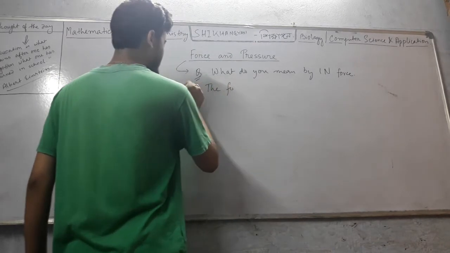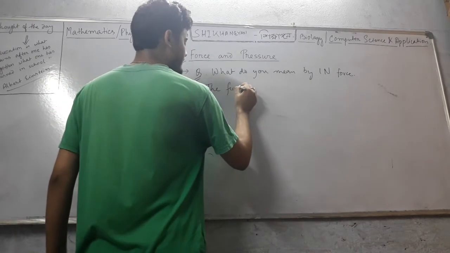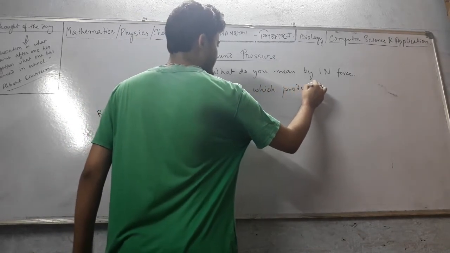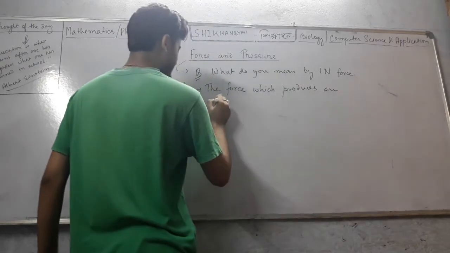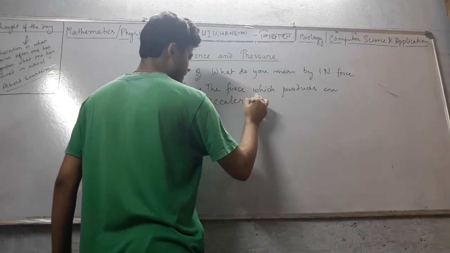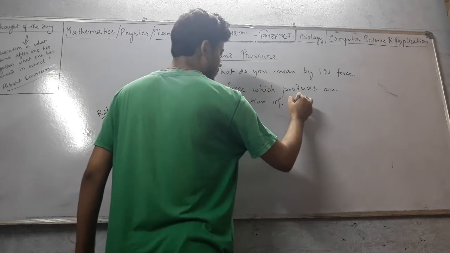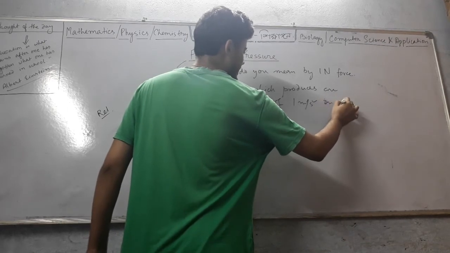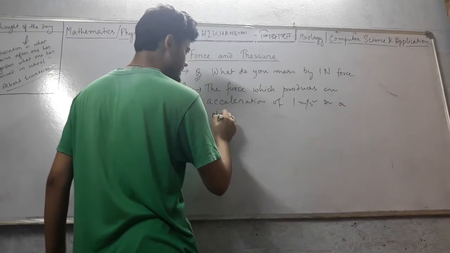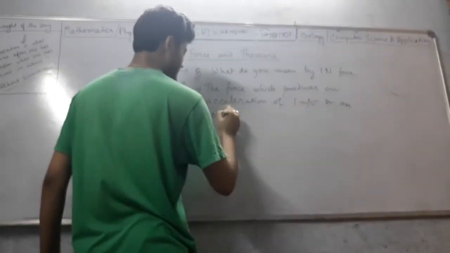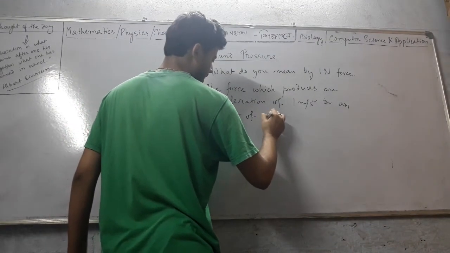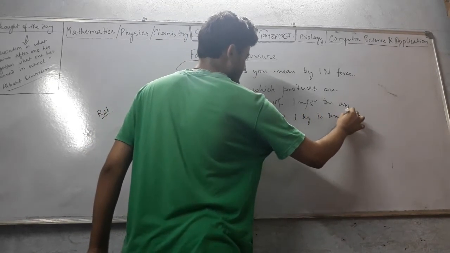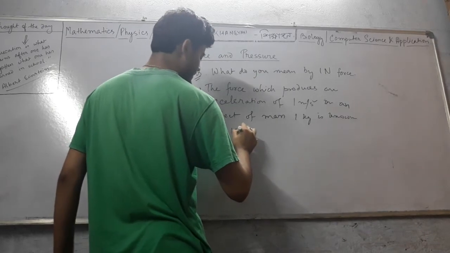The force which produces an acceleration of 1 meter per second square on a body, on an object of mass 1 kg is known as 1 Newton force.